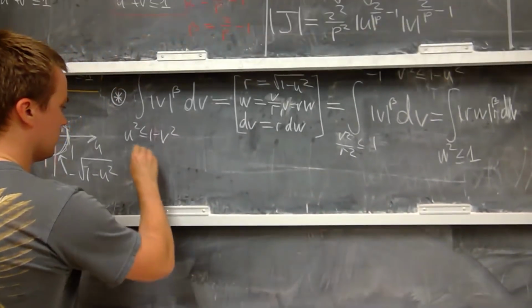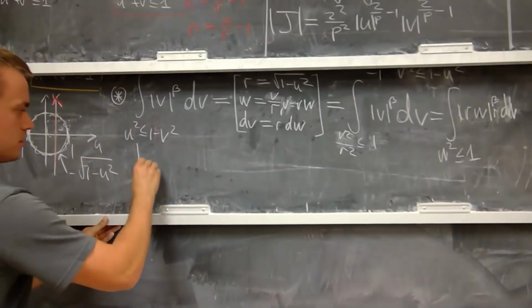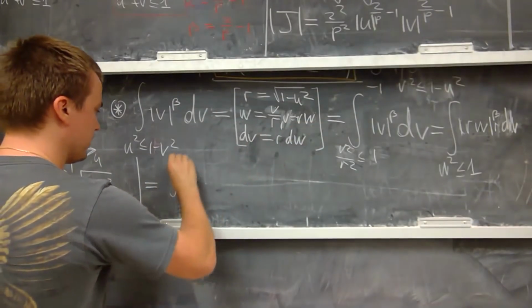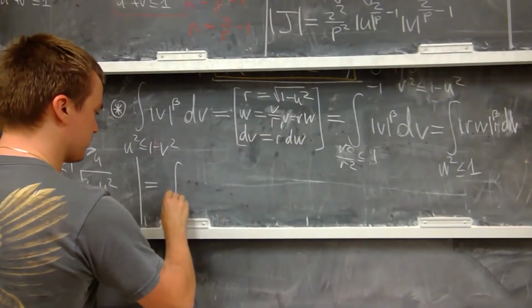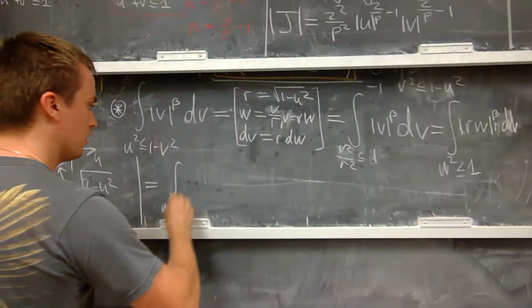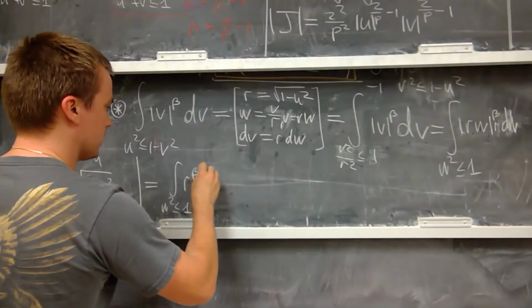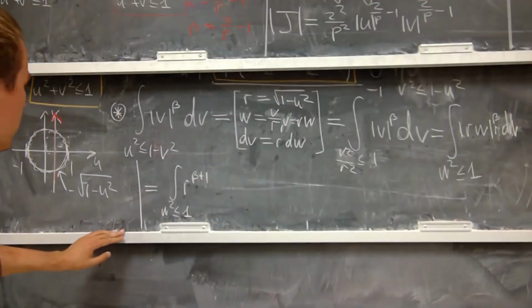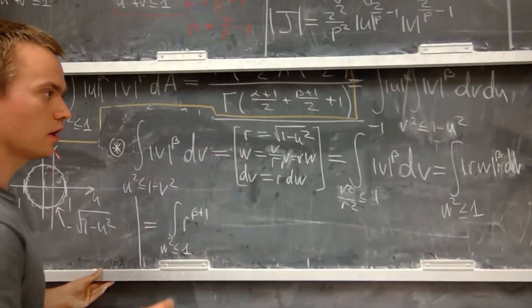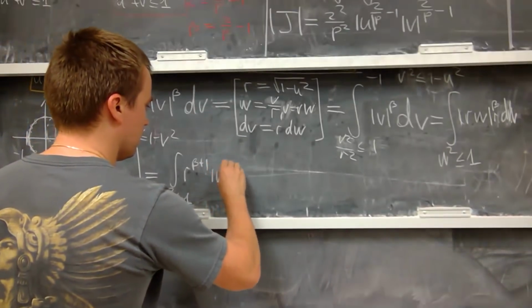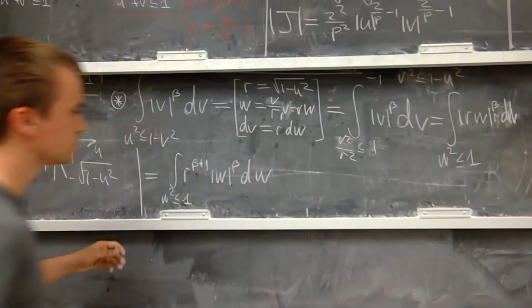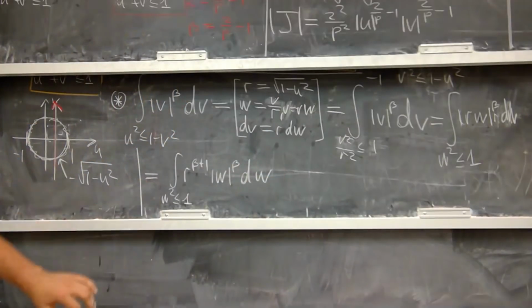So this integral is going to be equal to, I will split my r, so we'll have the integral over w squared less or equal than 1 of r to the beta plus 1. I get rid of the absolute value because my r over here is positive. And I will have w to the beta dw. Okay, I got this integral.